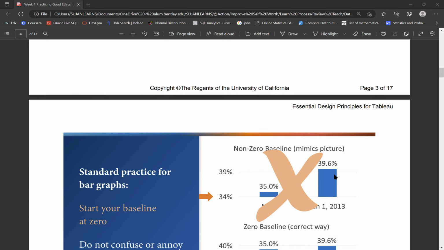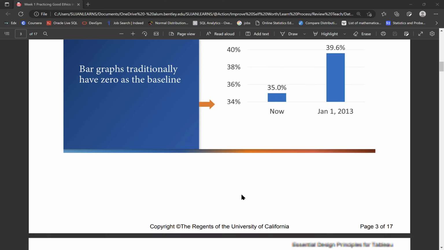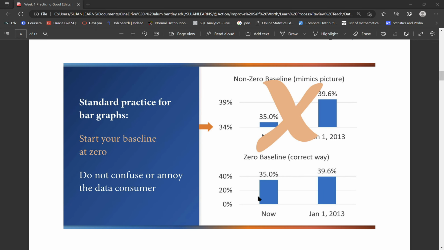Traditionally, the standard way to present a graph is to start with a zero baseline. That's a standard best practice. If you don't follow standard best practices, then it is misleading and annoys and confuses the user.